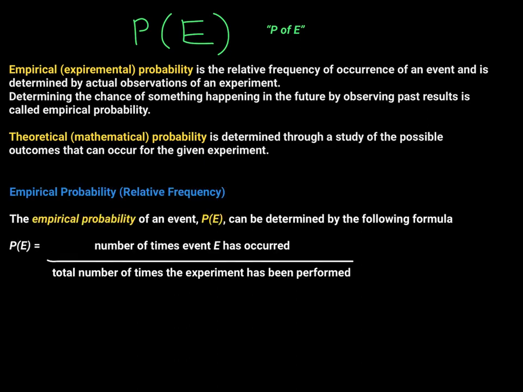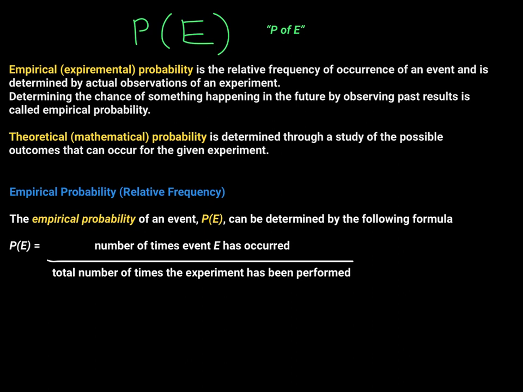Okay, let's first discuss empirical probability. The emphasis later on in this lesson will be on theoretical probability, but let's first start here. Empirical probability, or sometimes called relative frequency. Okay, so we have a formula for empirical probability of an event. Remember, this means the probability that an event will occur.